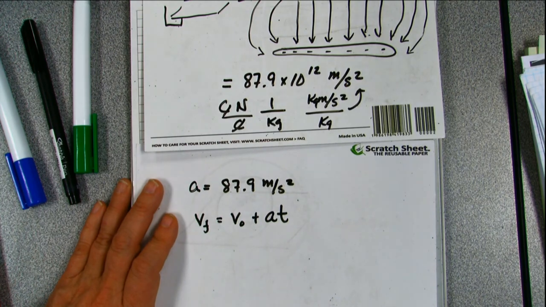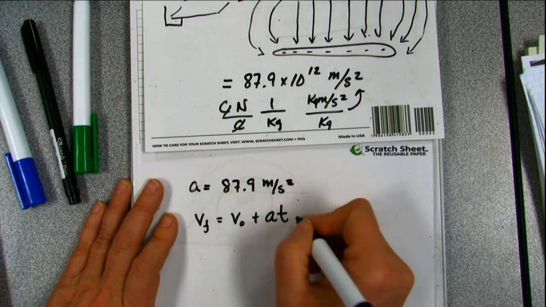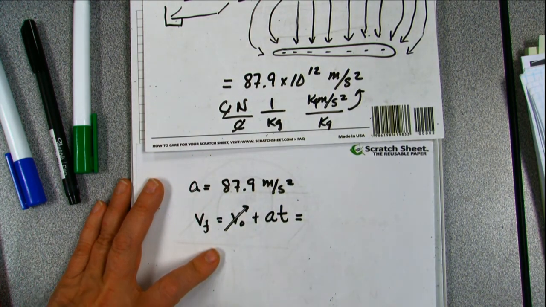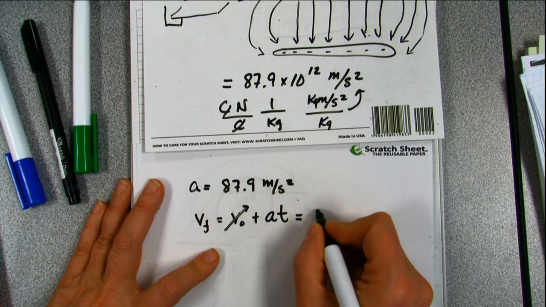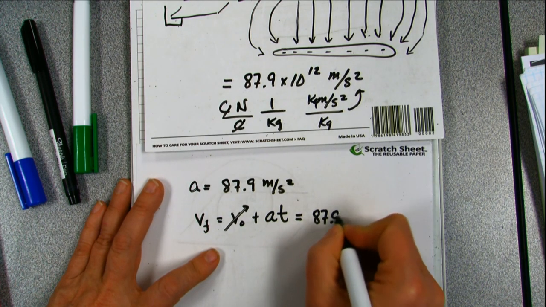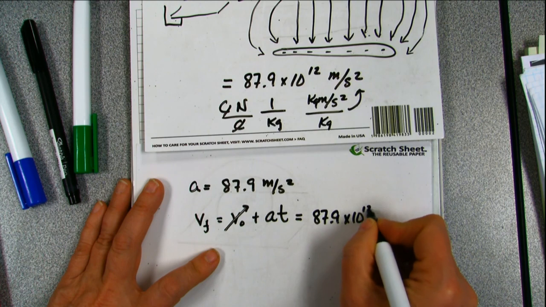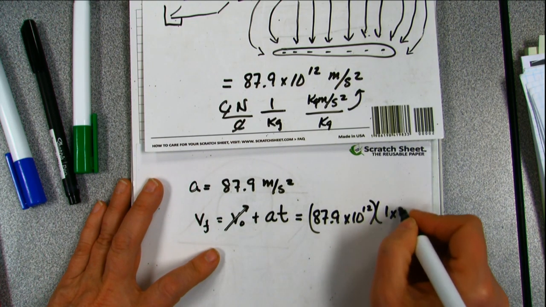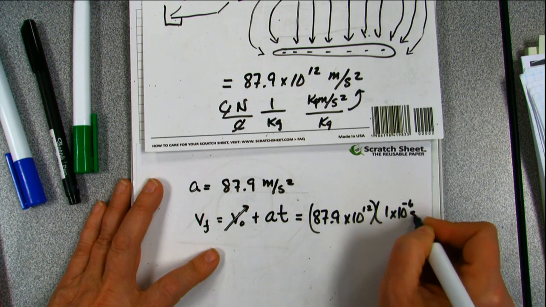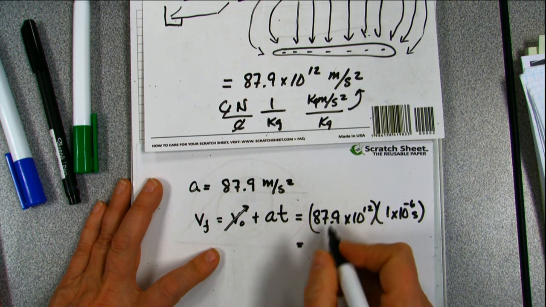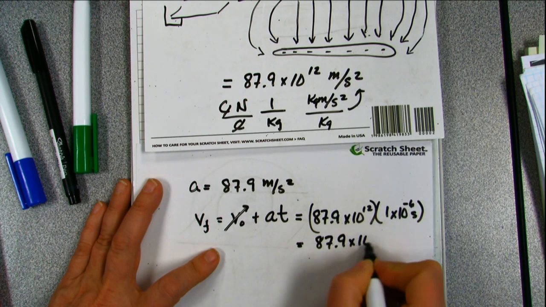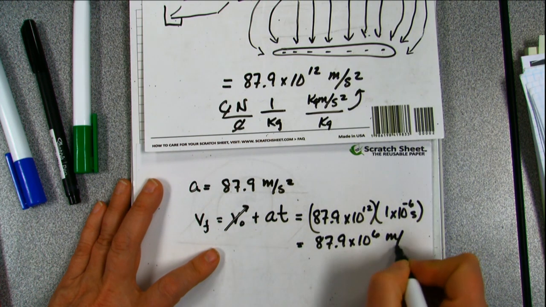Everybody remembers that equation, right? If we just turn that on, its initial velocity was 0. So I've got 87.9 times 10 to the 12th, and 1 picosecond is 10 to the minus 6 seconds. That gives me 87.9 times 10 to the 6th meters per second.